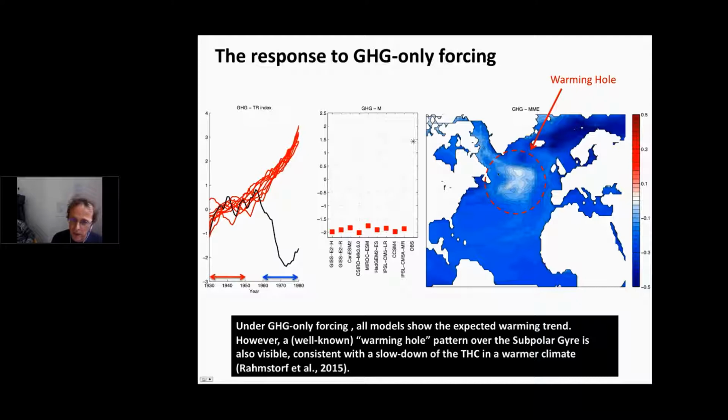While everywhere in the Atlantic temperatures are increasing, this is not the case for the subpolar basin, where the trend is either neutral or maybe even of the opposite sign if we look at individual models. In this case, it's a kind of white, which means that there is no trend. But this is again the multimodel ensemble mean.